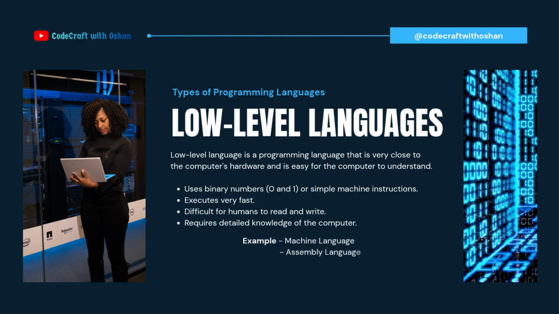Examples of low level languages include machine language, called binary, and assembly language. Machine language is only zeros and ones. Assembly language is a little easier because it uses short commands like MOV and ADD instead of long sequences of binary numbers.